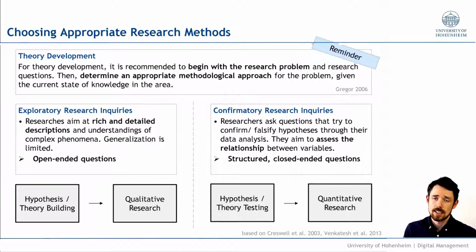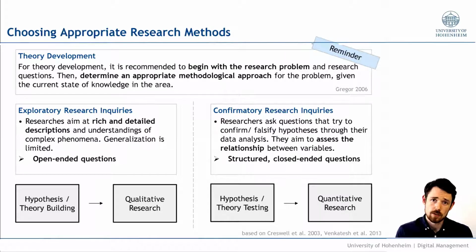Now, secondly, there are confirmatory research inquiries. In confirmatory research, researchers ask questions that try to either confirm or falsify existing hypotheses through data analysis. And so they basically aim to assess a relationship between two variables.